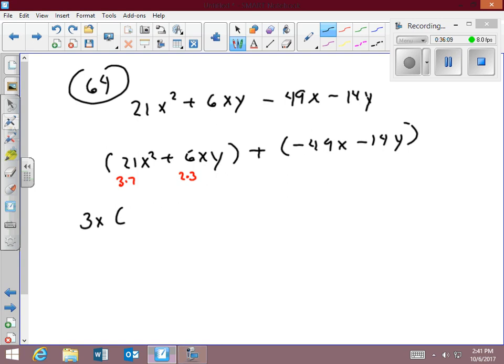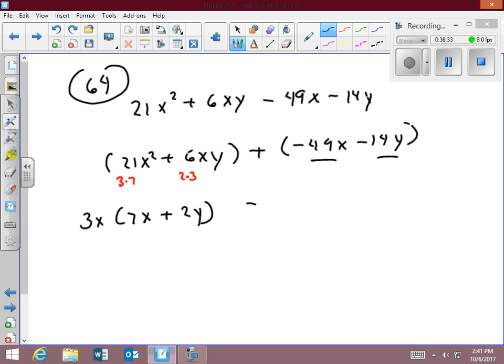Now what's left? First term, 21x, 7x, isn't it? Second one, plus 2y. Now then, on these 2 terms, what am I going to do? I'm going to take a minus sign out, aren't I?